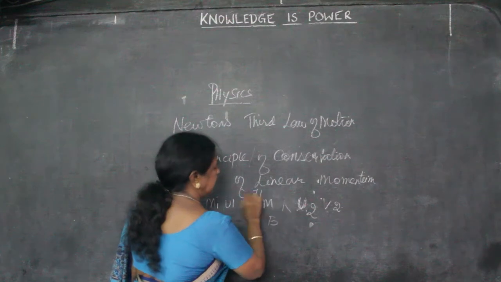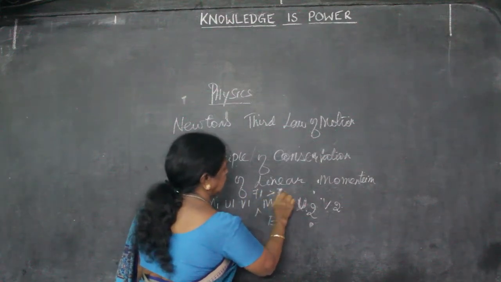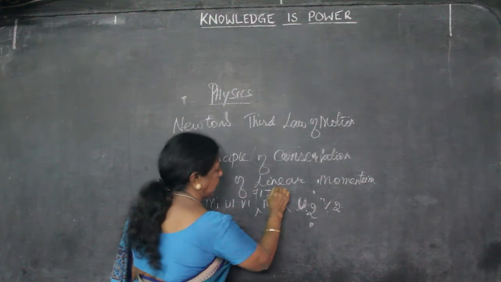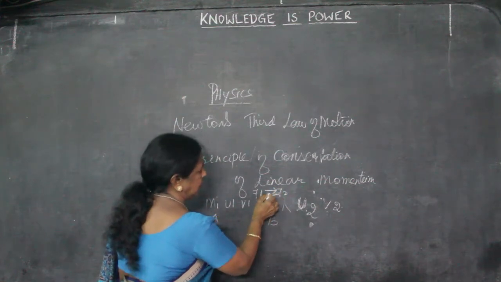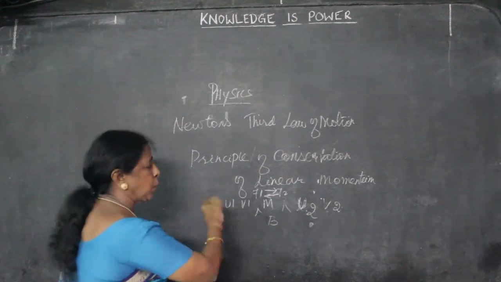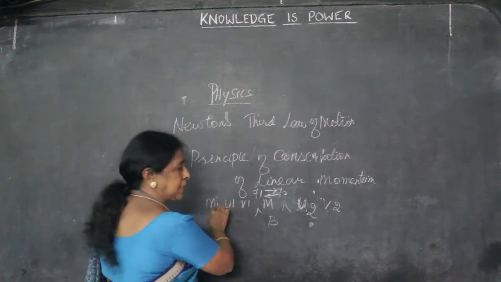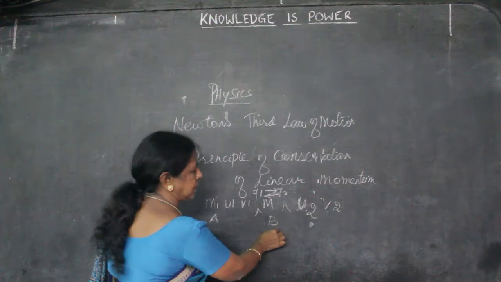F1 and F2 are in different directions. F1 goes in the forward direction and F2 moves in the other direction. So what is the principle of conservation of momentum? Though they are acting in different directions, they save the energy. m1 is object A, and B is the other object.